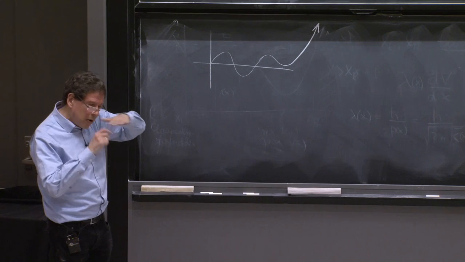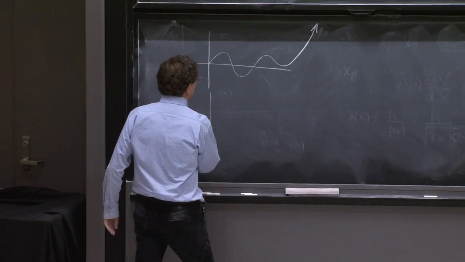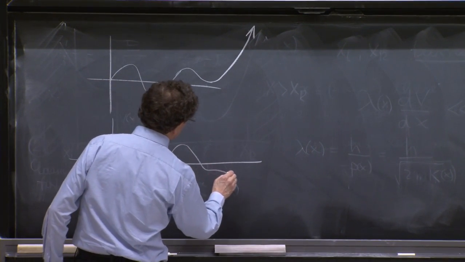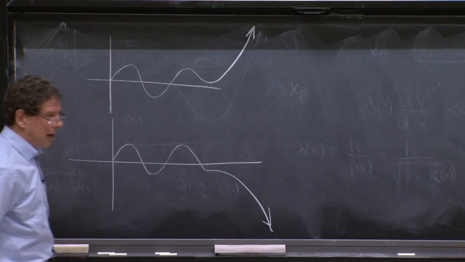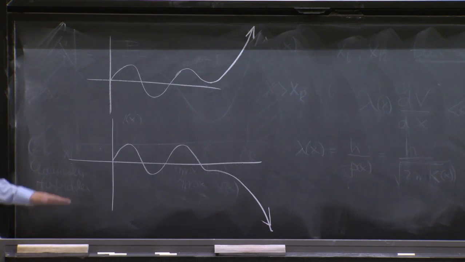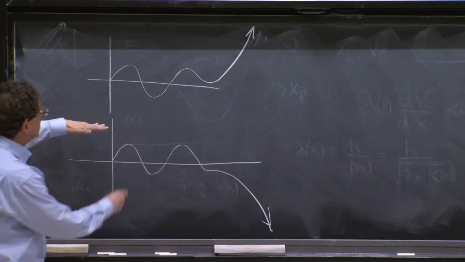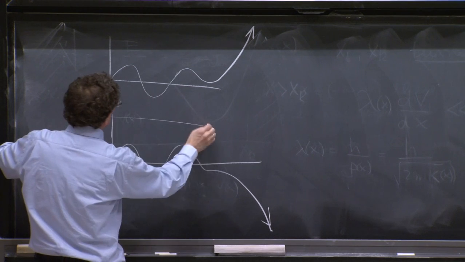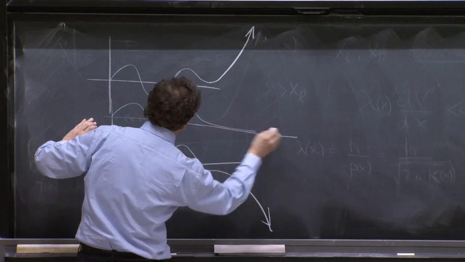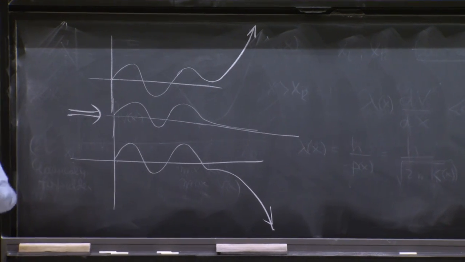And then you go back to the computer and change the energy a little bit. And then you will find, well, maybe this. Now it blows up in the other direction. No good either. But in some energy in between, as you change, there must be one in which it does the right thing, which is decay. Somewhere in between.